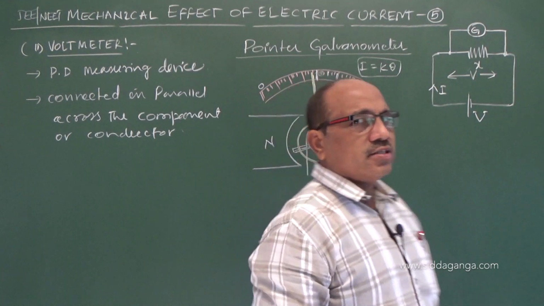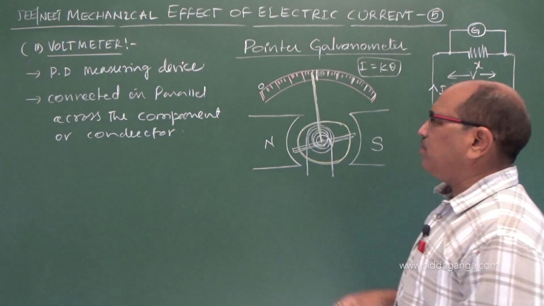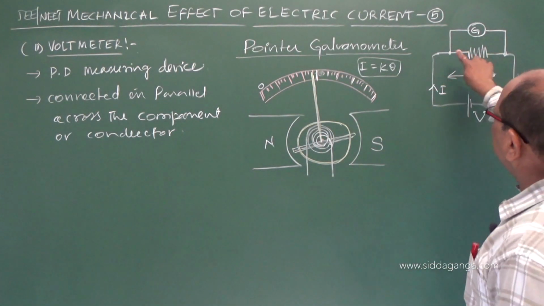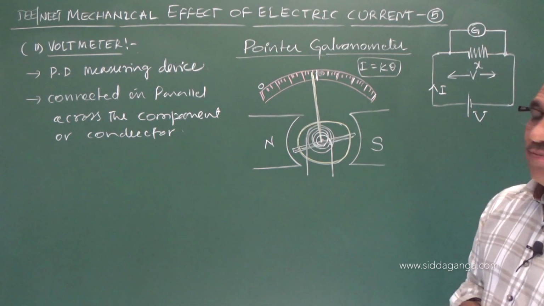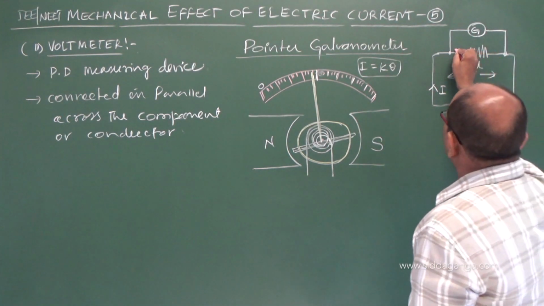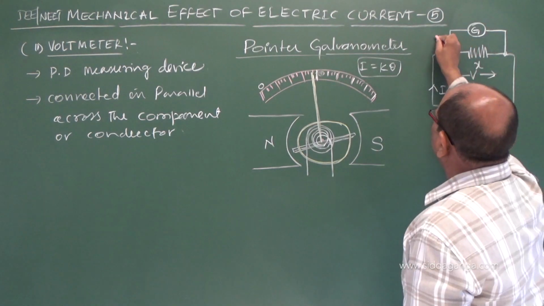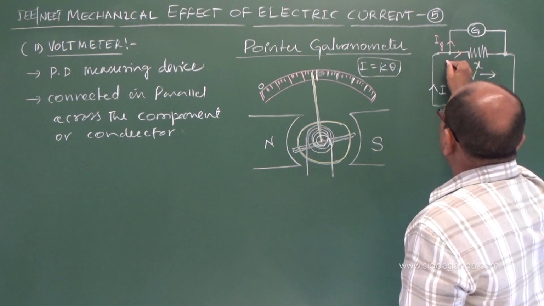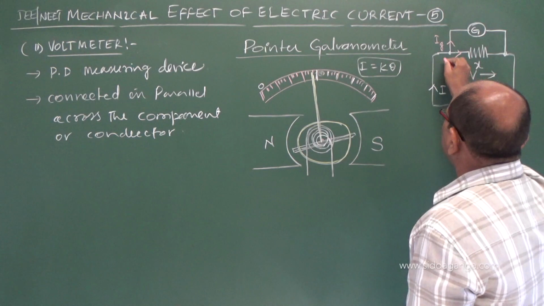What happens? Let us see. As usual, this galvanometer is connected to measure the potential difference as earlier. The problem is that some Ig is taken by this galvanometer, thereby I minus Ig appears.